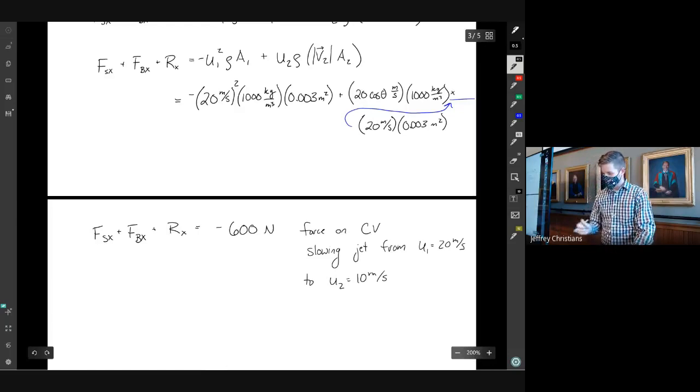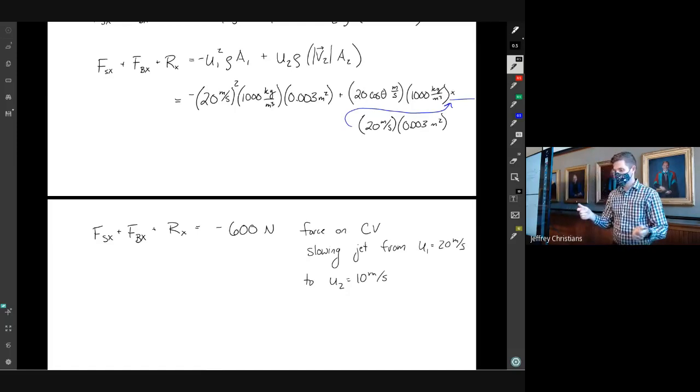So it's slowing it from 20 meters per second down to 10 meters per second in the x direction. Right. The flip side is the jet is exerting an equal and opposite force on the cart. So the jet is pushing the cart with a force of 600 newtons in the positive x.